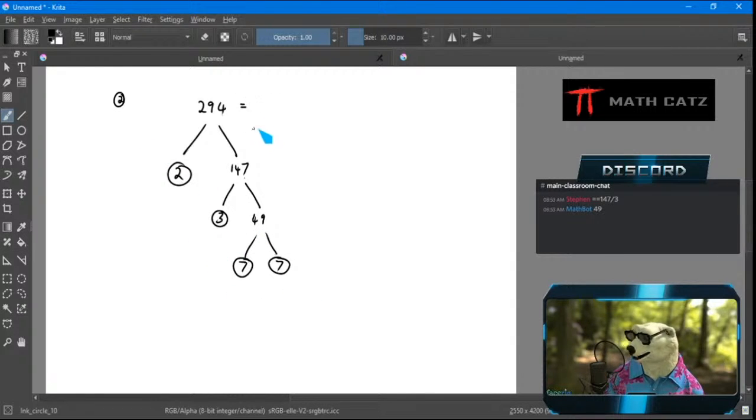So I can write this in any form I want. I like the exponential form. 2 times 3 times 7 squared. When it's 2 to the power of 1, we usually don't write the 1, but you're welcome to write the 1. So usually there is a smallish prime factor that makes the split fairly easy.